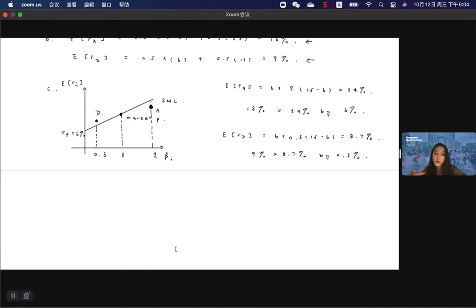So you should use a beta of 0.3, and the correct discount rate for that project will be 8.7%, as we calculated here. That will give the fair rate of return for the project.